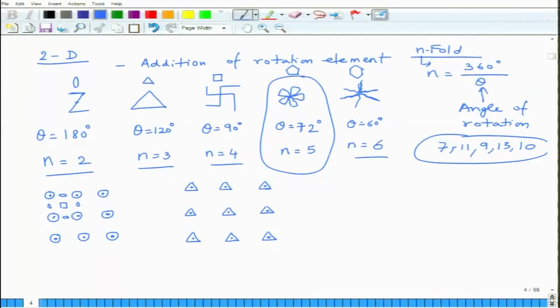So, I have changed the motif now. Does it have 4-fold or 2-fold symmetry? It does not have 2-fold, no, it has no 4-fold.